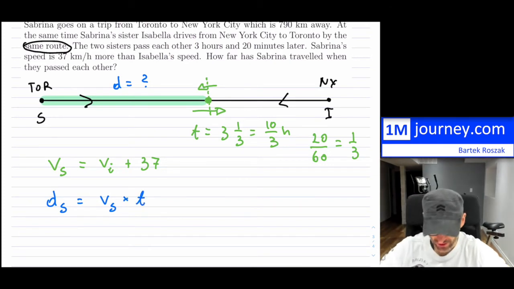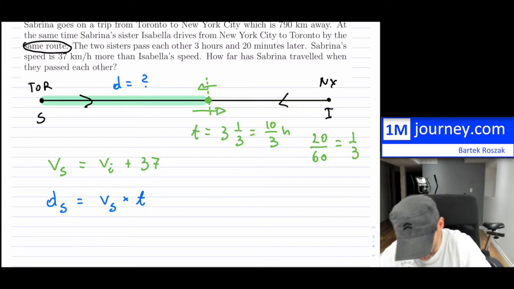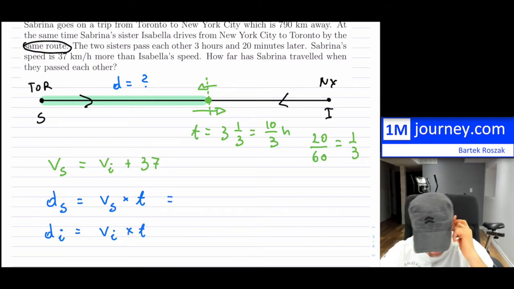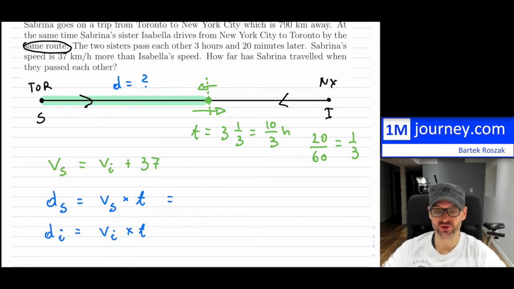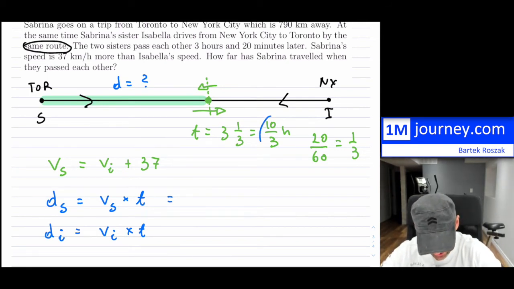Now the time is the same for both, right? And then distance of Isabella is her speed times time. Now we know that they're going to be passing each other at a certain point. So that doesn't change. That's the same.